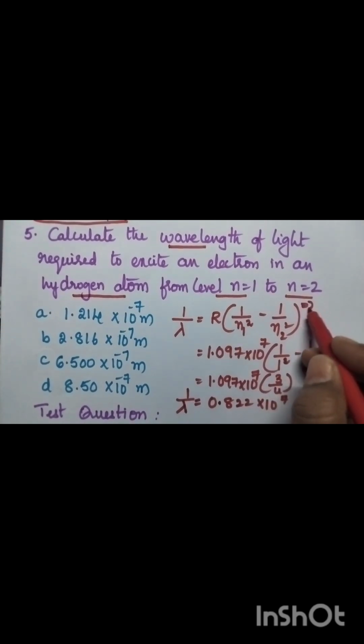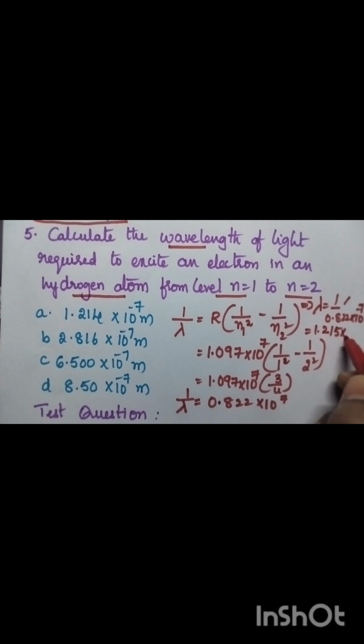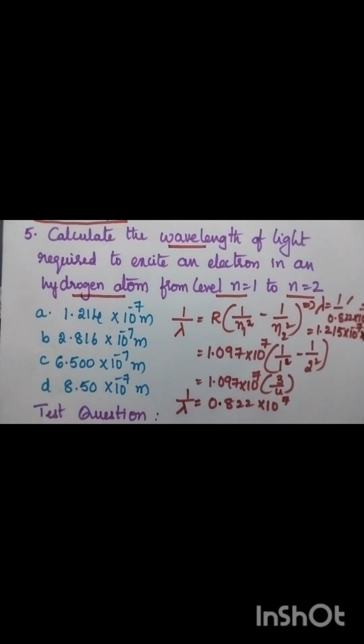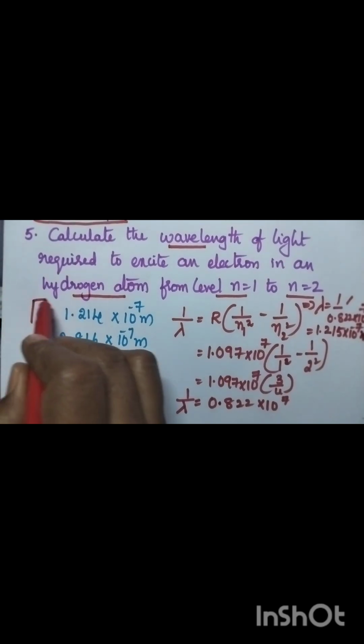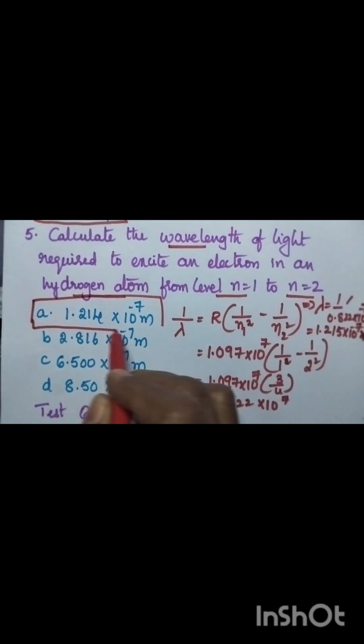That implies lambda equal to 1 by 0.822 into 10 power 7. So that is equal to 1.215 into 10 power minus 7 meters. So option A is the right answer.